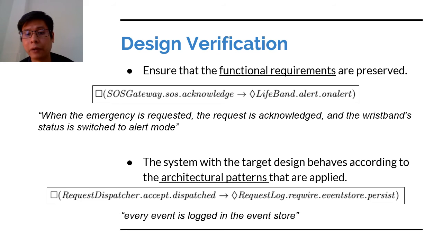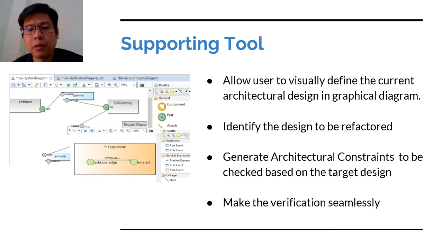The other thing that we verify is whether the target design behaves according to the pattern that is applied. For example, we make sure that every event is logged in the event store according to the event sourcing pattern.